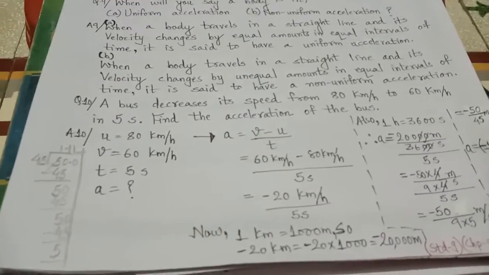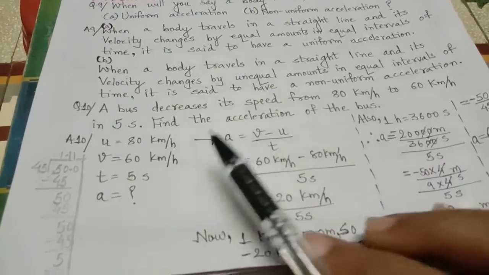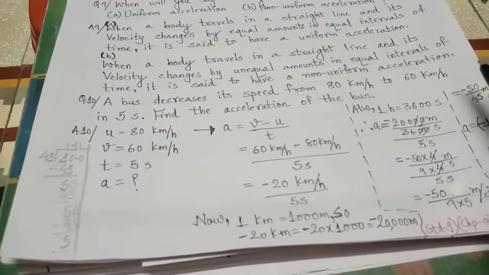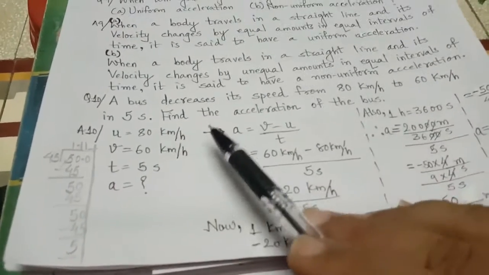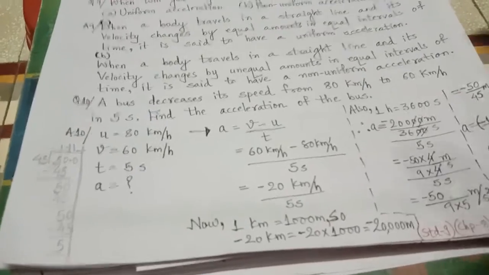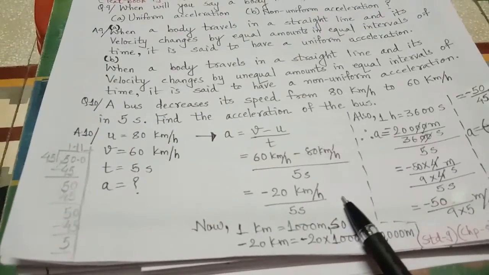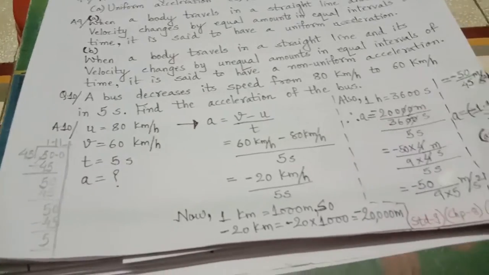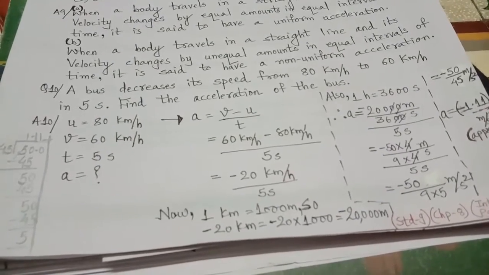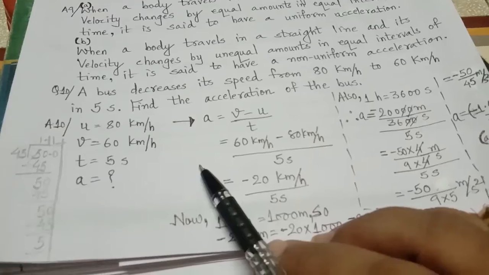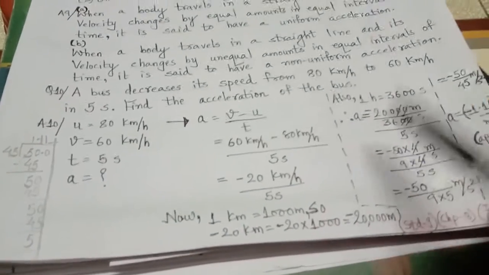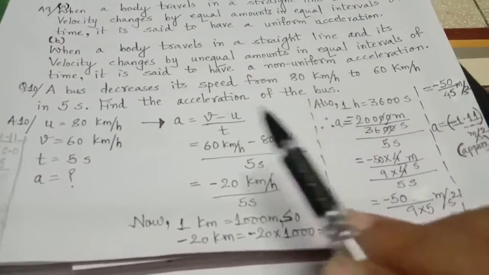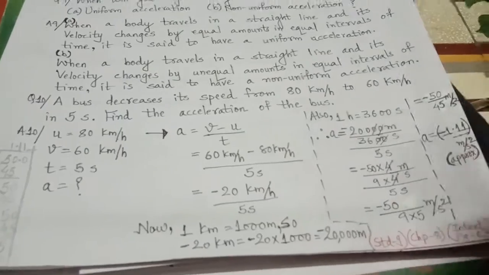Both ways are correct. First you can convert and then get the answer, or first get the answer and then convert. I have here converted the answer at the end, because earlier we have practiced converting first into meter per second and then getting the answer. So this is first as it is and then converting.